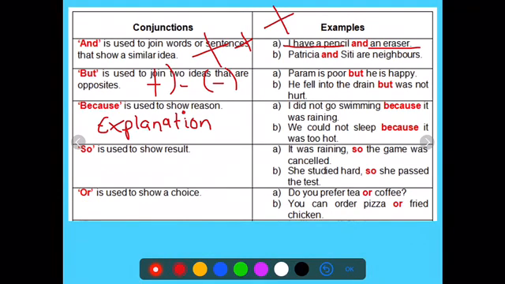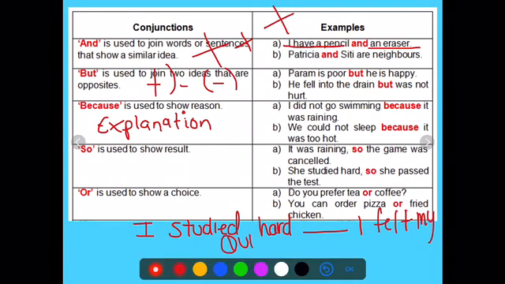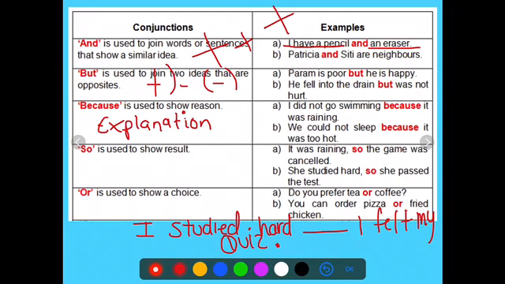Now, as I mentioned, so is a result. For example, she studied hard, so she passed the test. Now, if I wanted to say, I studied hard, blank, I failed my quiz. Which conjunction should I use?